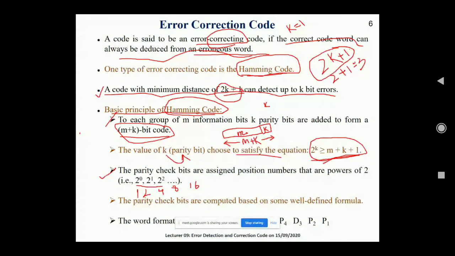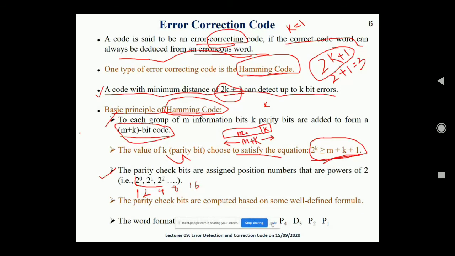We cannot assign them at an unknown bit position. So always remember, when assigning parity bits, we maintain these positions: 2 to the power 0, 1, 2, 3, 4, 5, like that.